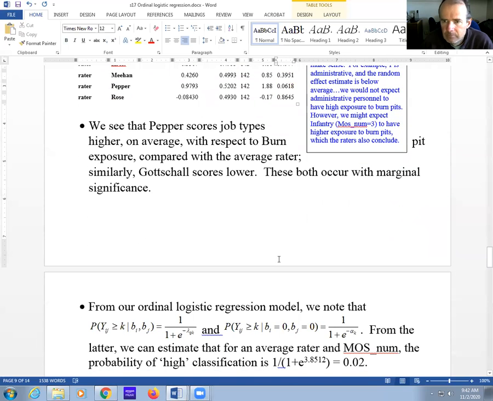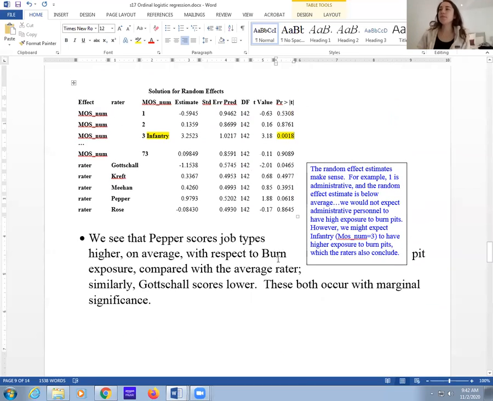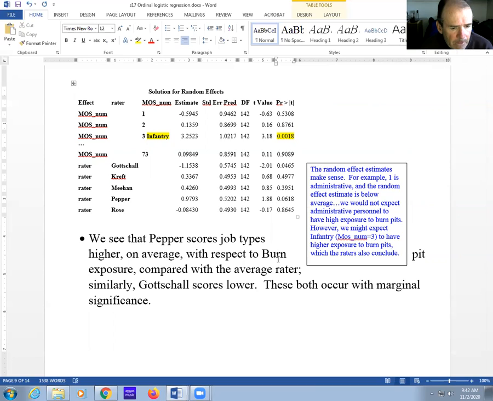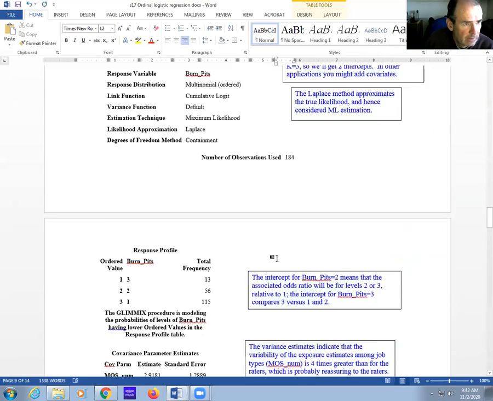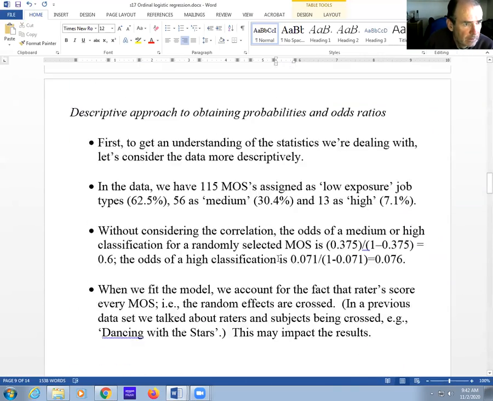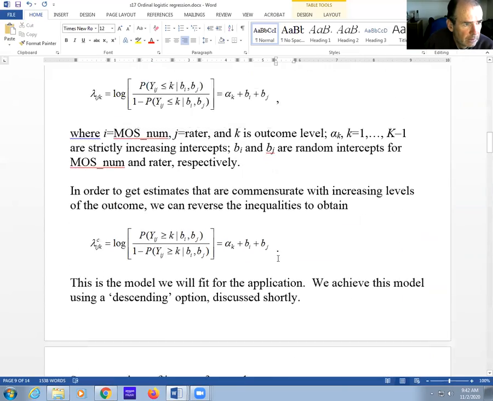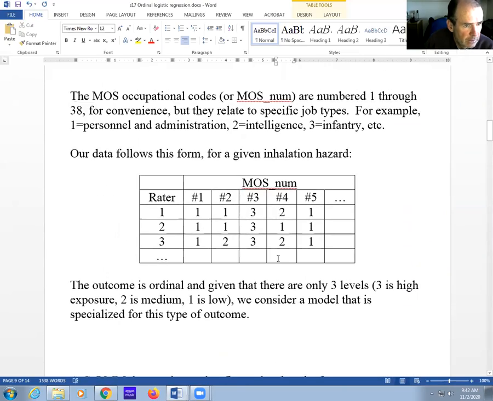Question? Yeah. So for the random effects for this model, you would have like 115 or however many job types, that many random effects. Is that right? If you go back to the grid, this one here.